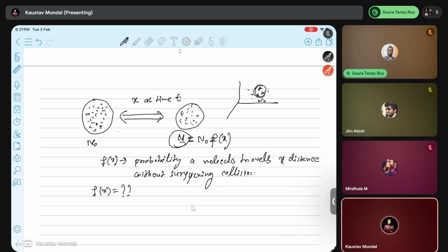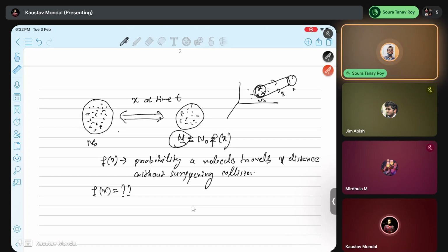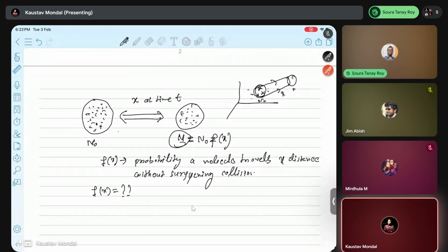Now if those gas molecules move a certain distance x, some gas molecules will be kicked out from that assembly due to collision. The total number of molecules in the system, in a chamber, is the same, but let's take a particular volume dv. Inside the dv volume, let's take n naught number of gas molecules.